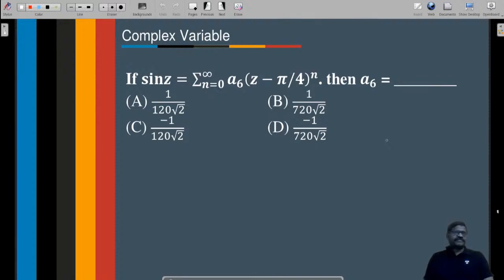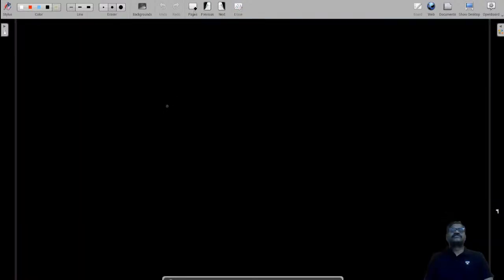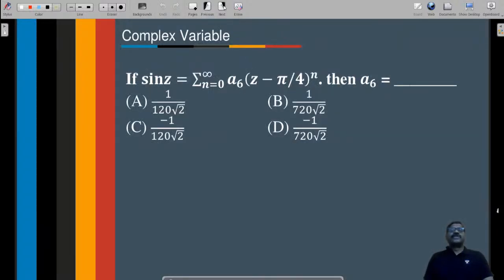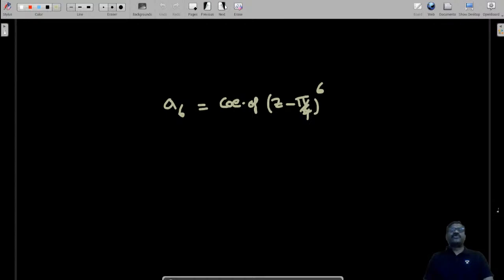Next problem. If sin z equal to sigma n equal to 0 to infinity, a n into z minus pi by 4 whole power n, then what is the value of a6? a6 equal to the coefficient of z minus pi by 4 whole power 6.